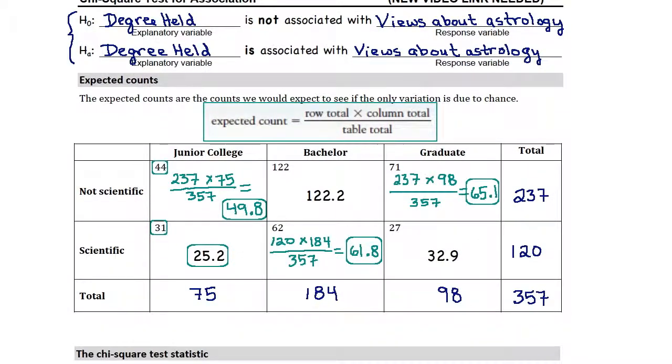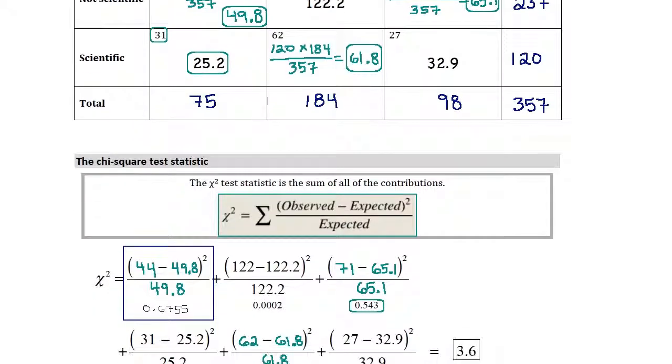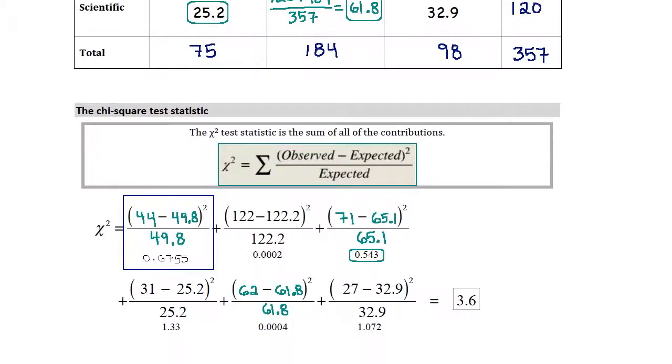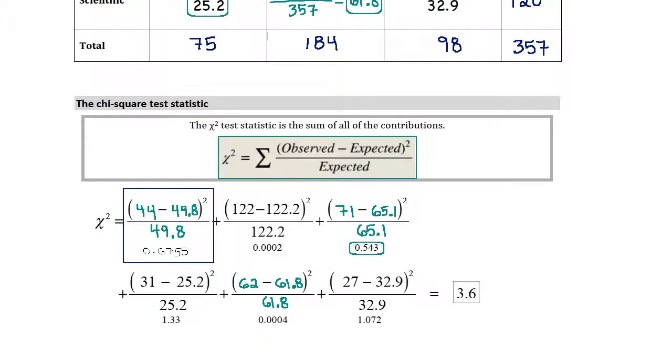I will not ask you to do all of the expected counts and all of the contributions to chi-square by hand in order to get the whole chi-square statistic that we see over here. We will just verify that we can do bits and pieces of it. Anytime that you need a whole chi-square statistic, you can use StatKey, which we'll see how to do very soon.